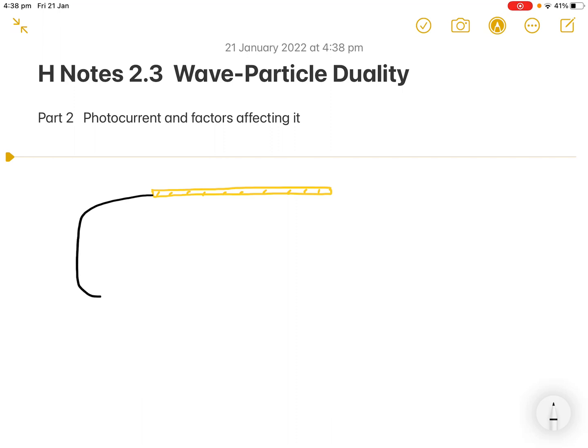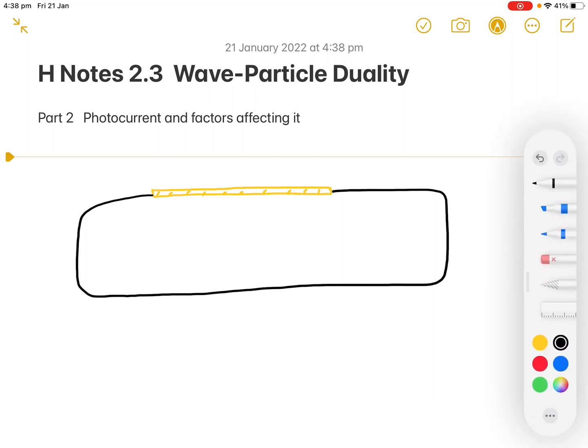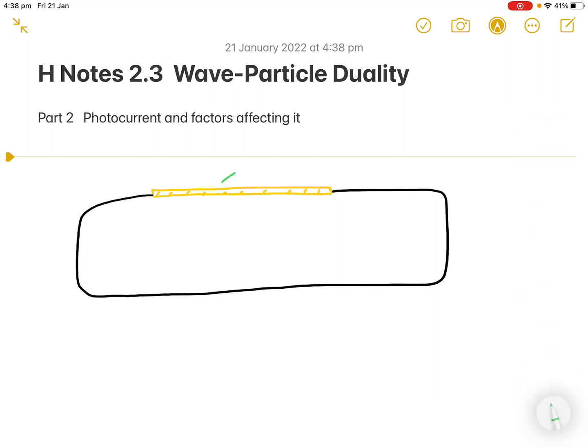So we have an evacuated glass tube, something like this. And the incident radiation then can come down like this.